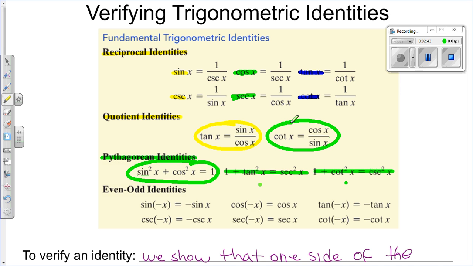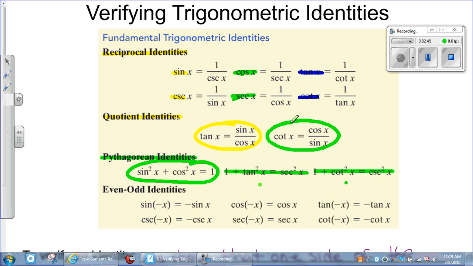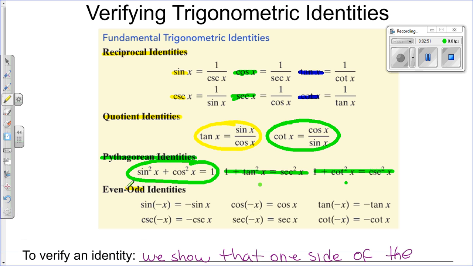Okay. Let's see. We have even-odd identities, so we have that the odd functions will be sine and of course cosecant because they are reciprocals of each other. Also tangent and cotangent are odd functions, meaning that if you substitute the angle with the negative of that angle, or the opposite of that angle, you will get the opposite of the original function.